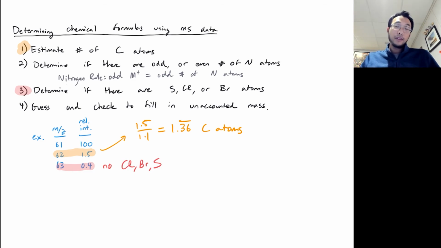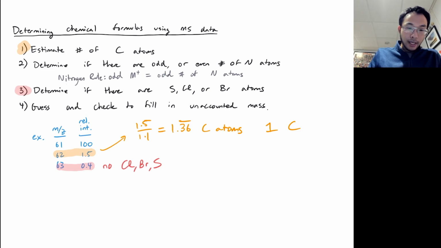Whenever you get a non-integer number of carbon atoms, we always round down, because there are other things that can contribute to increasing this relative intensity, and it's much less likely for the intensity to be underestimating. It's always going to overestimate your number of carbons. So this tells us we have one carbon atom in our formula.